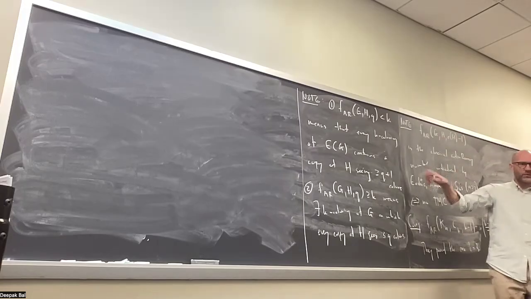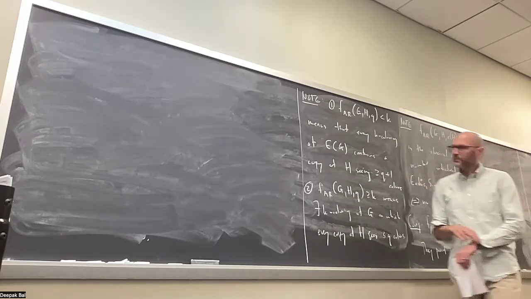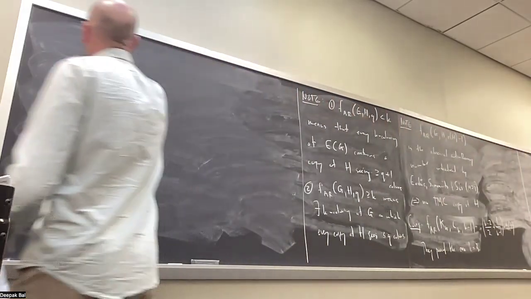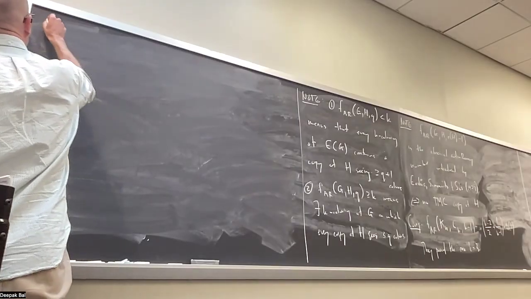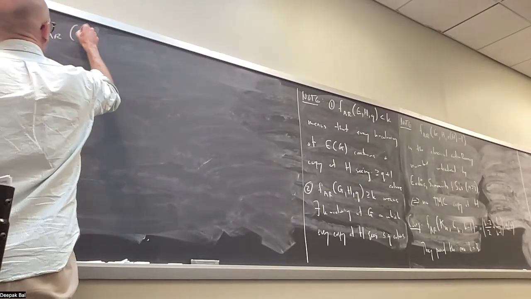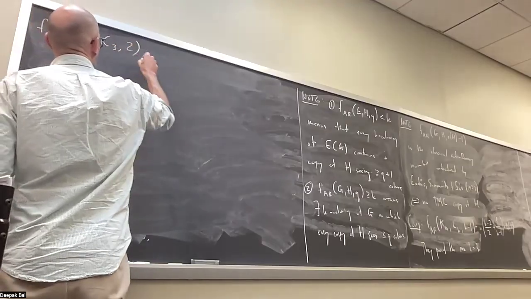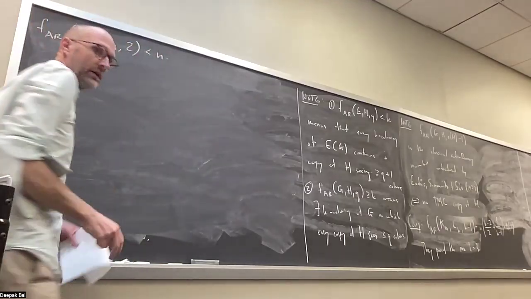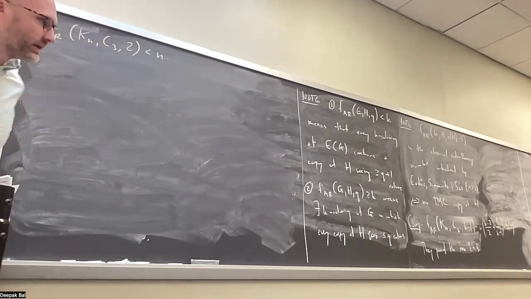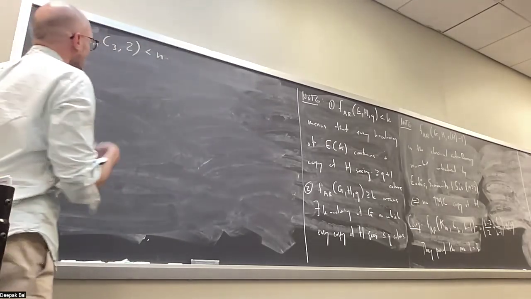So since we've written them in this order, let's do the bounds in this order. So let me first prove that FAR of n C3 2 is strictly less than n. Okay, and so what did they do?